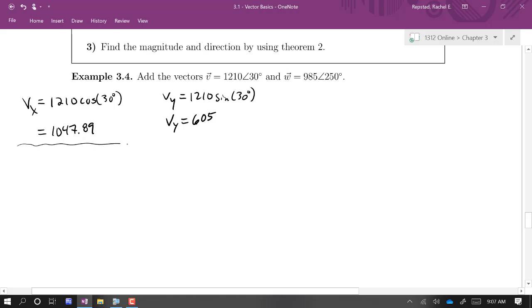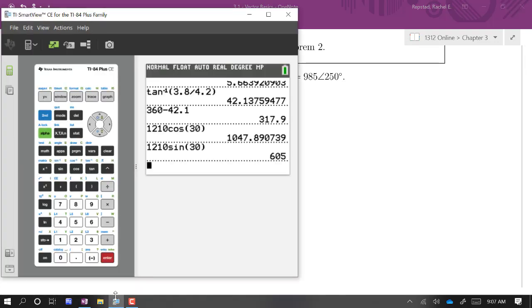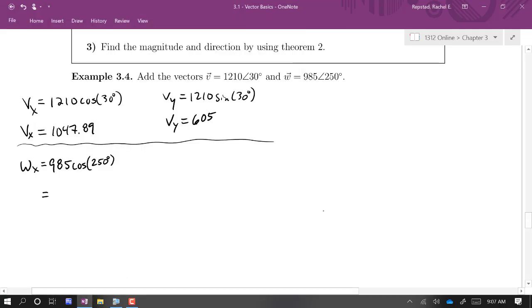Okay, so now let's do the same thing for the w vector. Wx is its magnitude 985 times cosine of 250. That's negative 336.89.